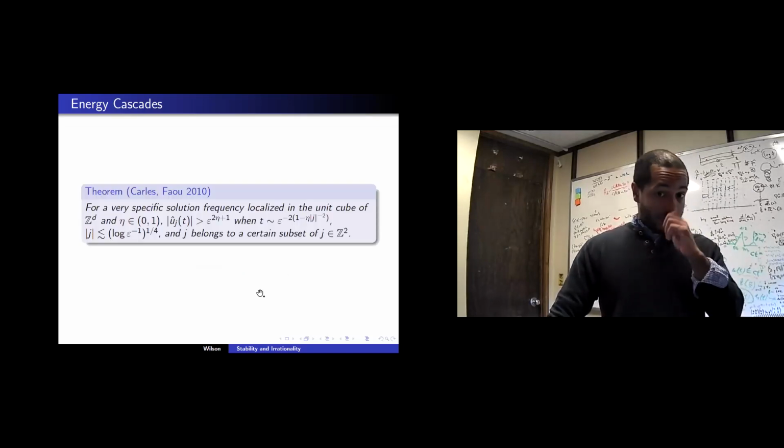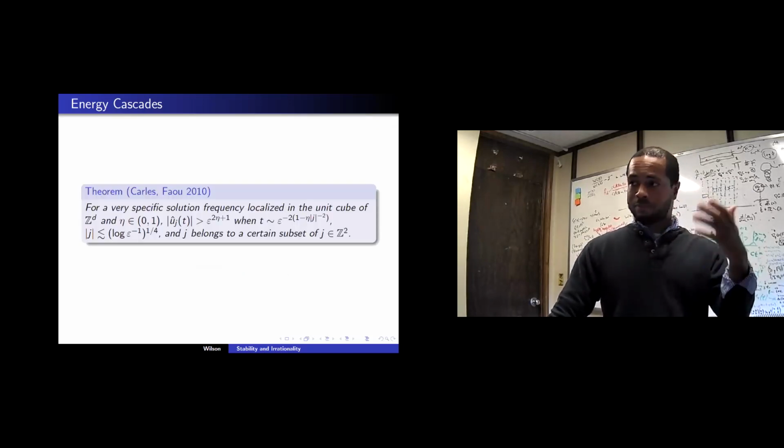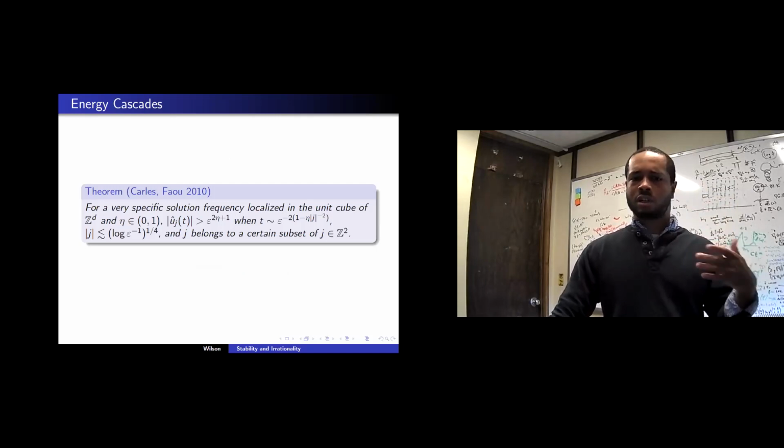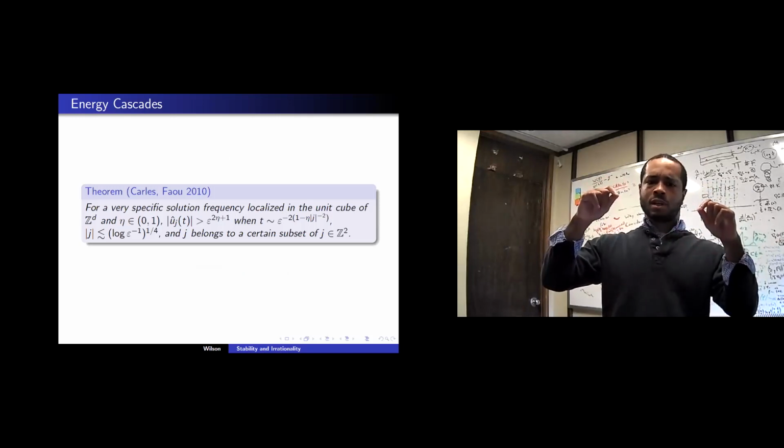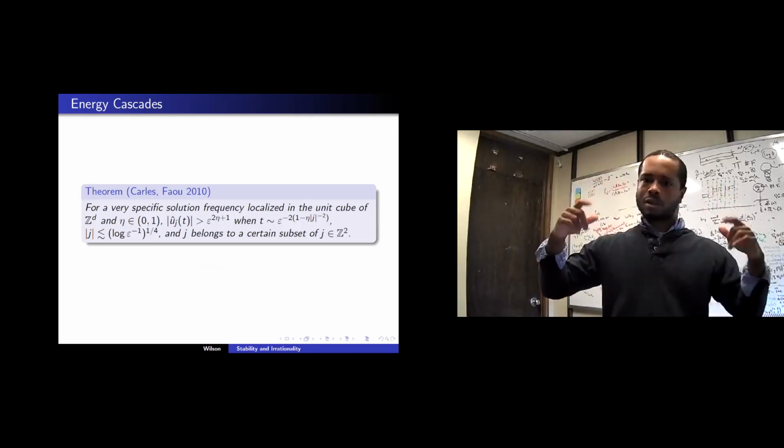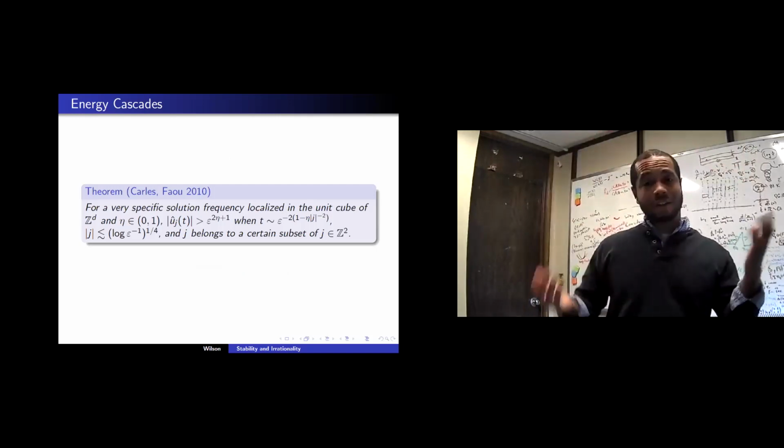Using this type of thinking, in 2010, Colliander, Keel, Staffilani, Takaoka, and Tao essentially demonstrated that as time goes along, energy passes in this way. It's not a very easy thing to do.